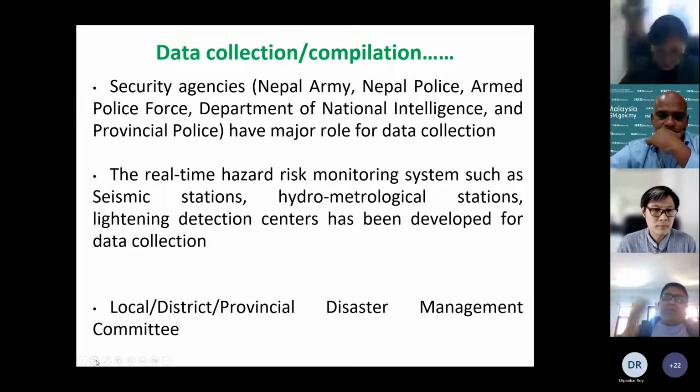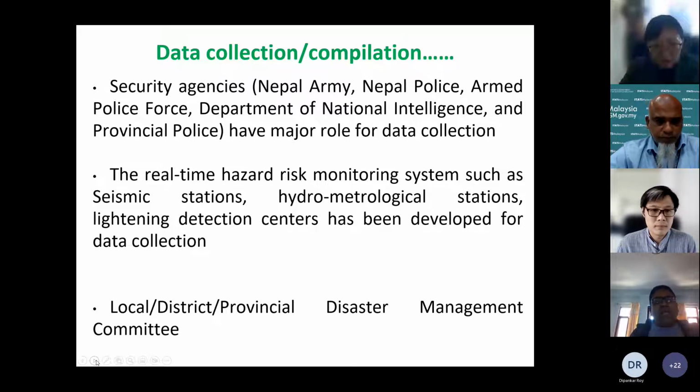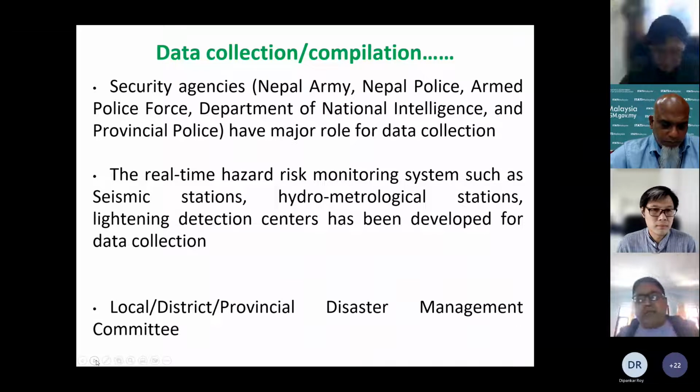And to verify and monitor, we now have three tiers of government in Nepal: central, provincial and local level. Between the local and the province, we also have districts, 77 districts in Nepal. So for disaster management, we have local, district and provincial disaster management committees.